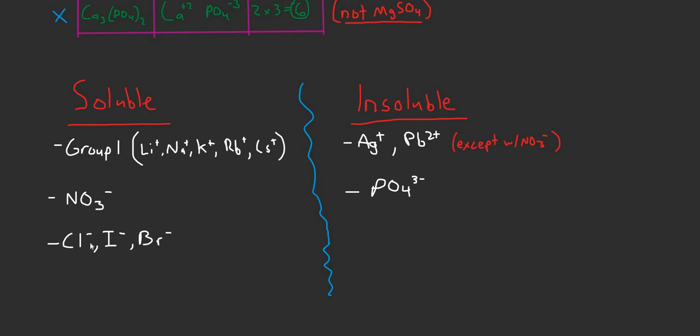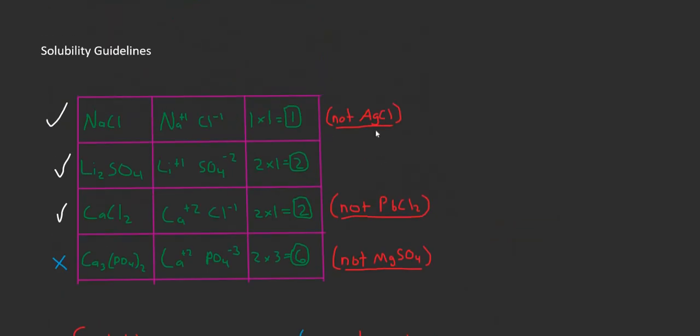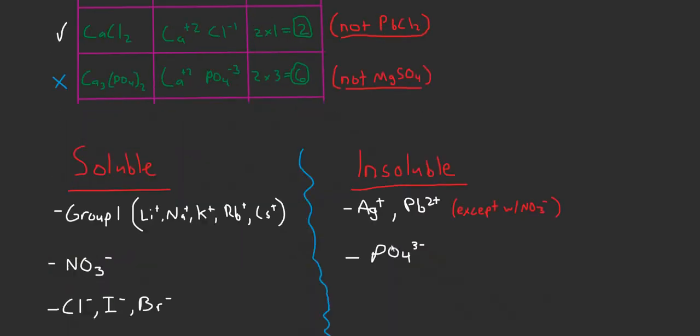Things bonded to Cl-, I-, and Br- are generally soluble, except for when it's Ag or Pb. So things bonded to these three things are almost always soluble, except when they're bonded to Ag or Pb, and we addressed that above. AgCl, AgI, AgBr, not soluble. PbCl2, PbI2, PbBr2, not soluble.